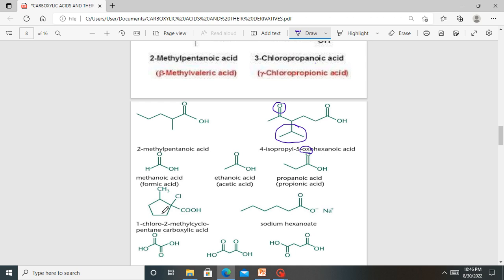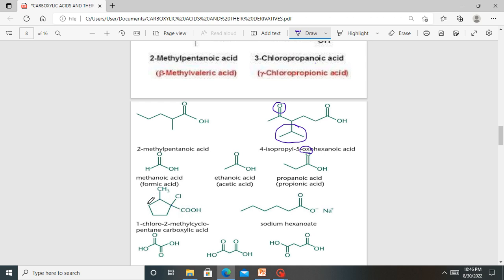We have methanoic acid, we have ethanoic acid, we have propanoic acid, we have 1-chloro 2-methyl cyclopentane carboxylic acid as shown here. So it becomes 1-chloro. This is the first carbon, this is the 2nd carbon. Here in this case, we don't start counting from this one because we don't class this as part of the parent chain.